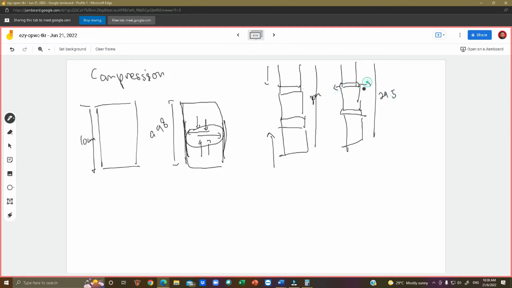This is compression. So all force being subjected to an area, which cause the cartilages to change in shape. If the cartilages had fully changed in shape, now the stress will be subjected to the bone itself. Ni yang pertama, compression.